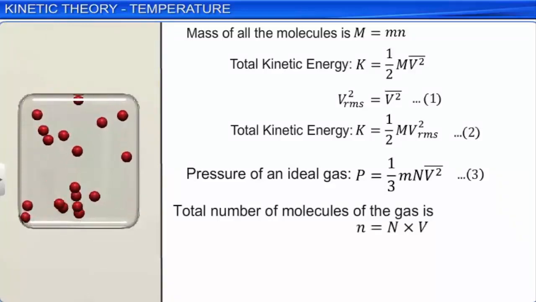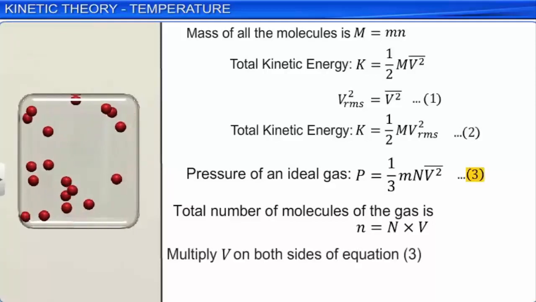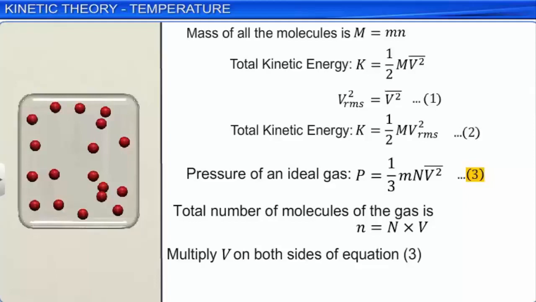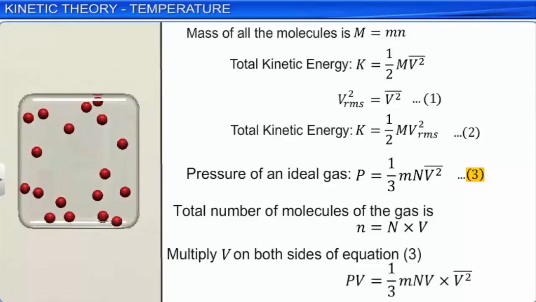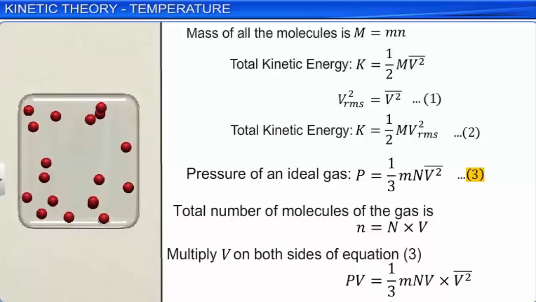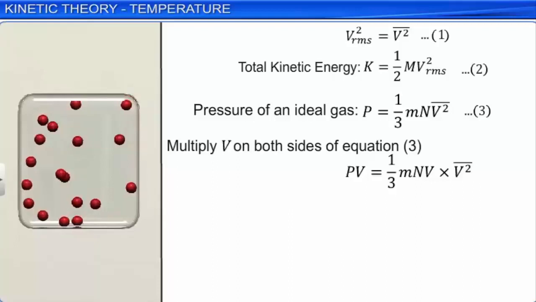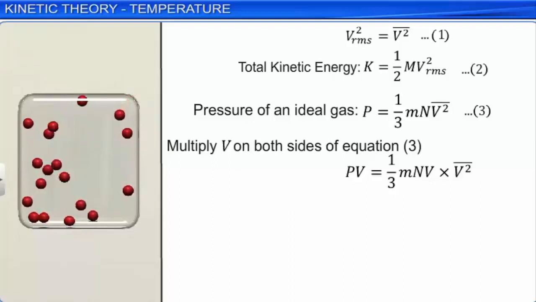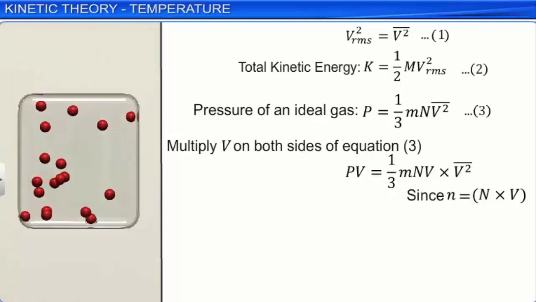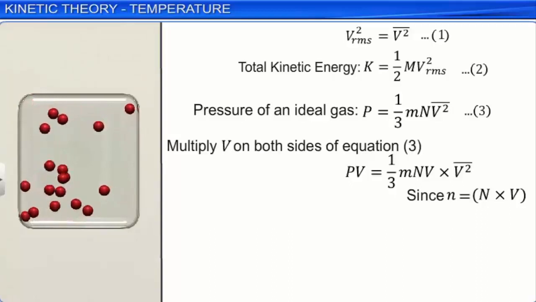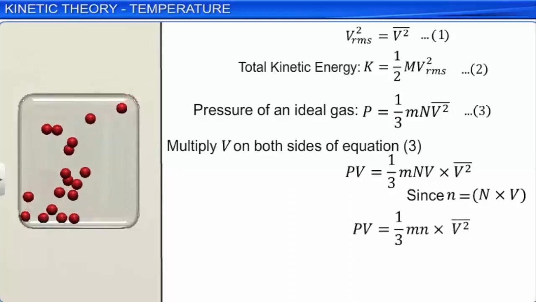By multiplying both sides of equation 3 by V, we get PV is equal to 1 by 3 m n V multiplied by v square bar. Since the total number of molecules of the gas N is equal to n multiplied by V, this equation can be written as PV is equal to 1 by 3 m N multiplied by v square bar.